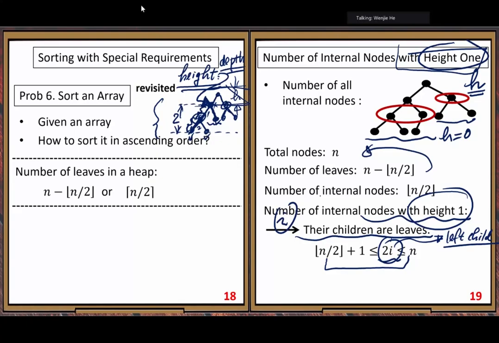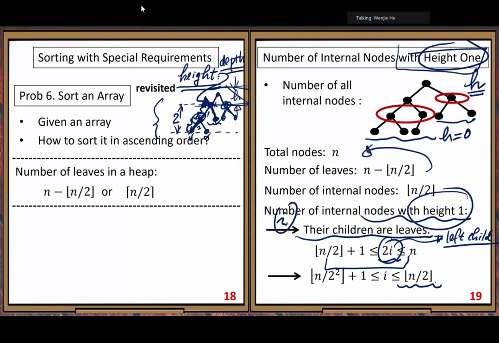So we do division by 2. Upper bound, relatively easy, right? n over 2. But the upper bound should be an integer, right? So we take the floor function, round it down.